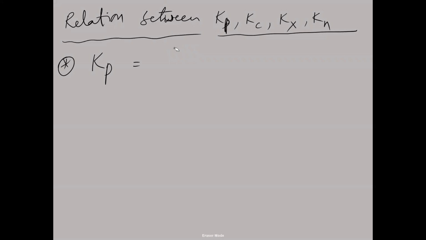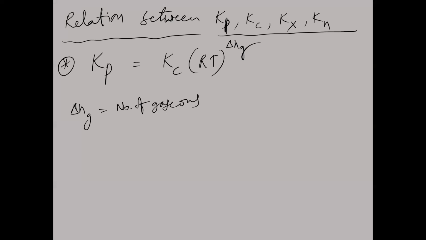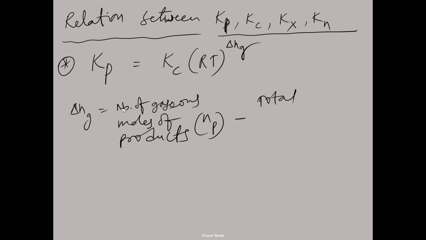Kp is equal to Kc into RT whole power delta Ng. What is delta Ng here? It is the number of gaseous moles of products, that is, the number of moles of products minus the total number of moles of reactants.